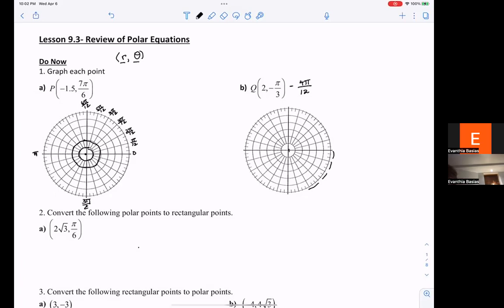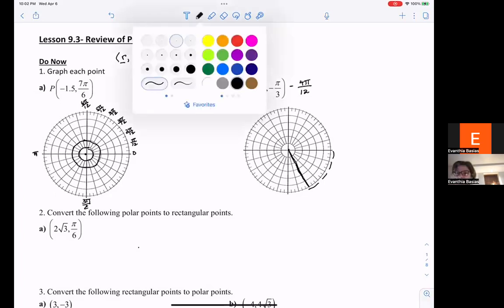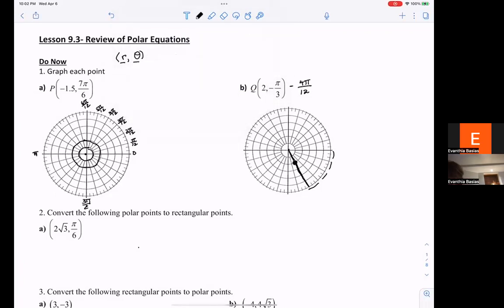So this is the terminal side for negative 4 pi over 12, I should say. And because the radius is 2, we locate the circle on that terminal side with a radius of 2. And the point is right here. So that's the point 2 comma negative pi over 3.